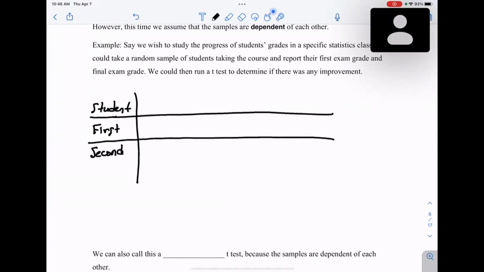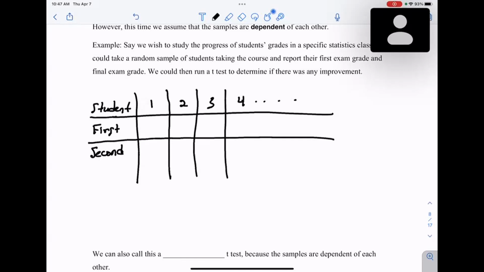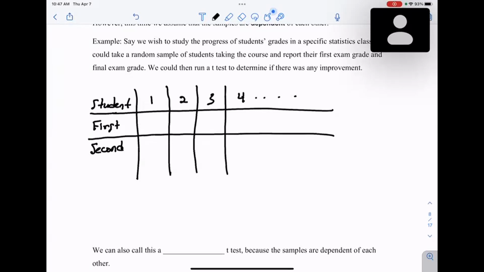And then we have this for so many students. Say we have student 1, 2, 3, 4, and so on. And for each of these students, we're going to take their first exam grade, record it, and their second exam grade and record it. So for instance, for the first one, say they got an 82 on the first exam and a 93 on the second.